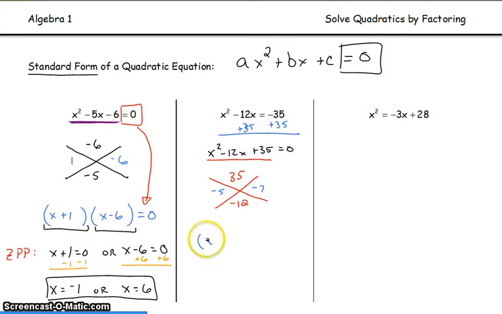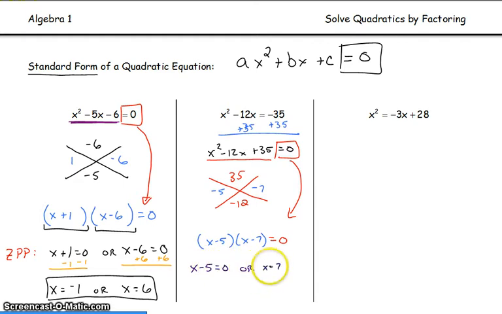I write my factors, x minus 5 times x minus 7, and I bring down my equals 0 and apply the zero product property. X minus 5 equals 0, or x minus 7 equals 0. So when I add 5 to both sides here, add 7 to both sides here, I get x equals 5 or x equals 7. And those are my solutions.